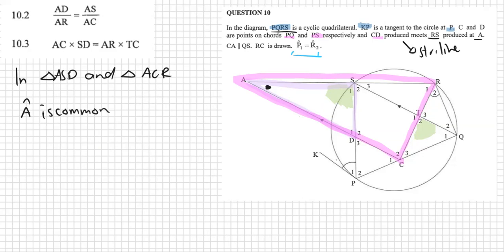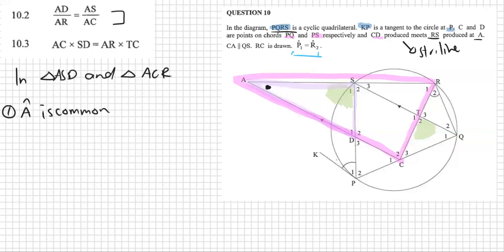And remember, when you're proving similarity, we're probably going to be doing angles, or sides in proportion. But since we don't know the sides, we're going to go for angles. So number one, angle A is common. They both have it.